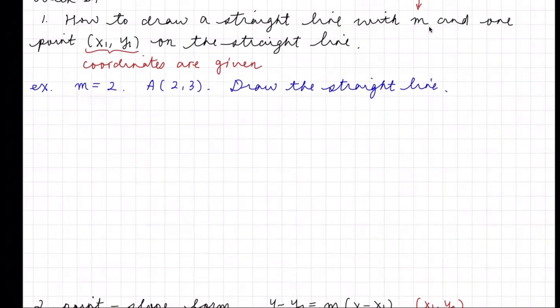Also, we're given that point A, which has the coordinates 2, 3, is also on the straight line. These two pieces of information are the only information given to us. And the question might say, use these two pieces of information to draw the straight line in the coordinate plane. How do we do that?